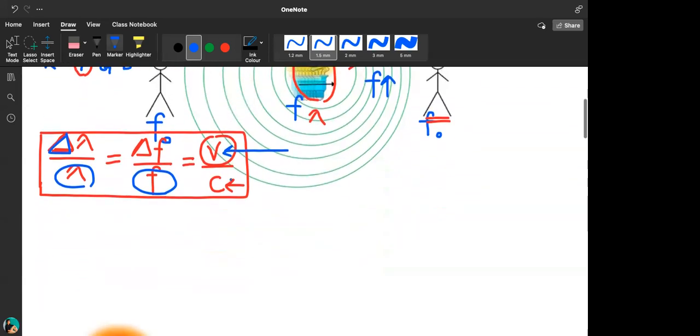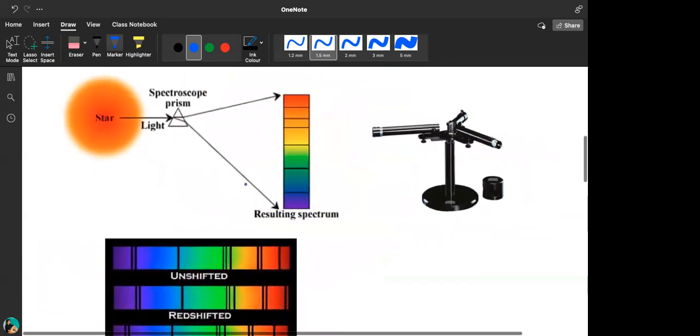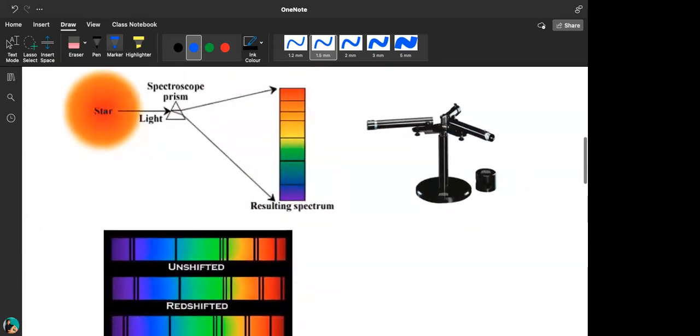Now, from here, you have seen this one, the emission spectrum. So this is how they measure it. The light or the radiation coming from the stars, from the hot gases. We know that the star is a black body, right? So it emits all the colors. You get a spectrum. Once the radiation comes out from the center of the star, it will pass through layers of atmosphere of the star.